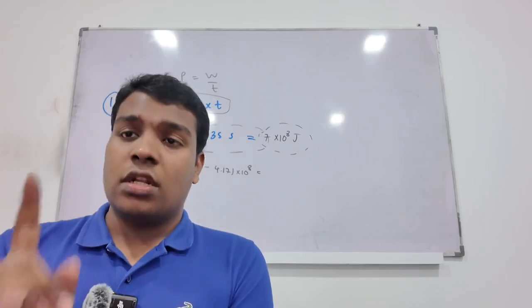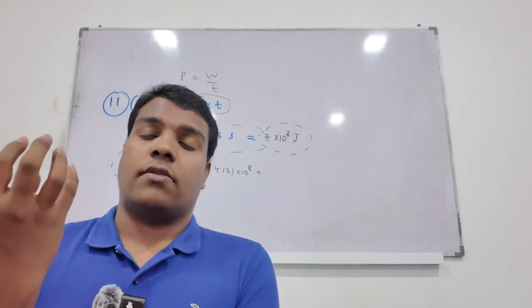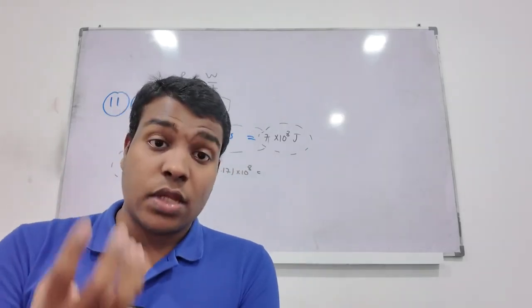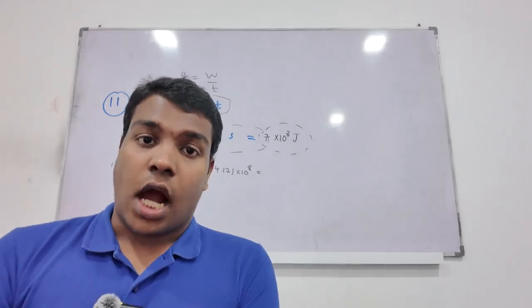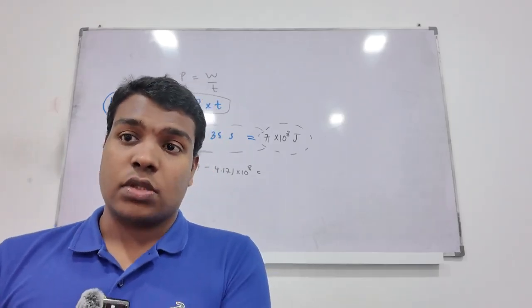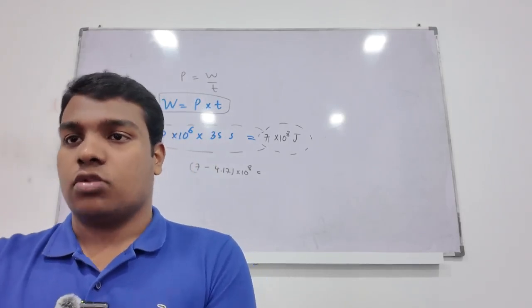Also, if an object is floating, its upthrust is equal to the weight of that object. So the weight is equal to the upthrust, which is equal to the weight of the water displaced. Is it clear?